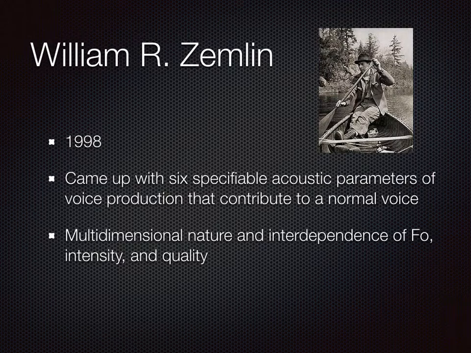So like we stated earlier, what we're going to use is Zemlin's 6 parameters. In 1998, William R. Zemlin came up with 6 specifiable acoustic parameters of voice production that contribute to a normal voice. So there's 6 different aspects of the speech sample that we are going to look at and then determine if each parameter falls within the normal range.